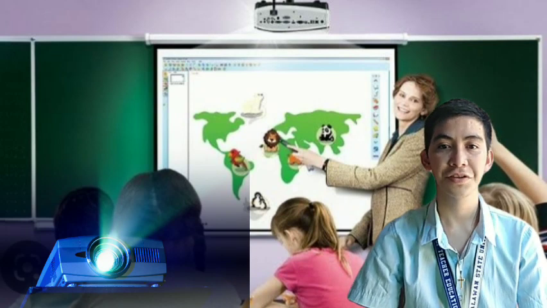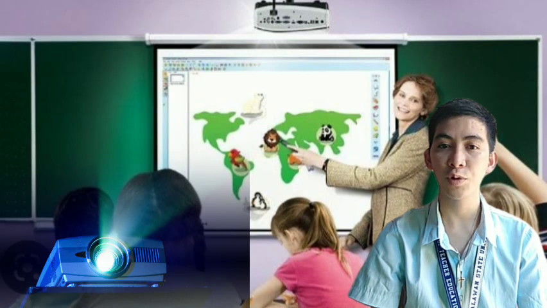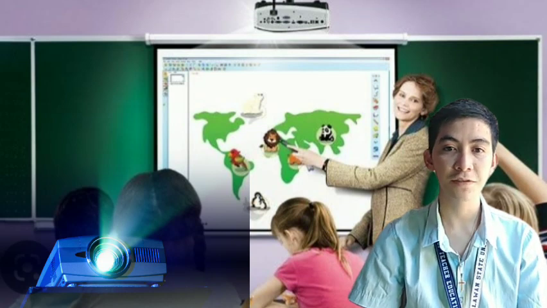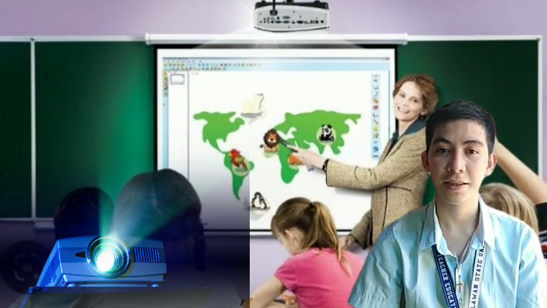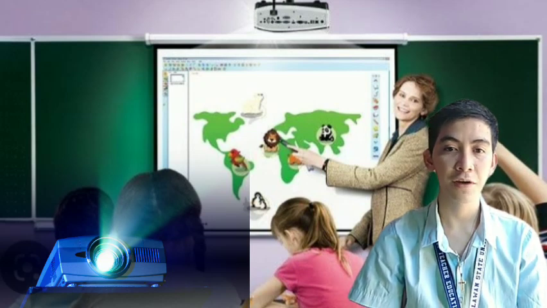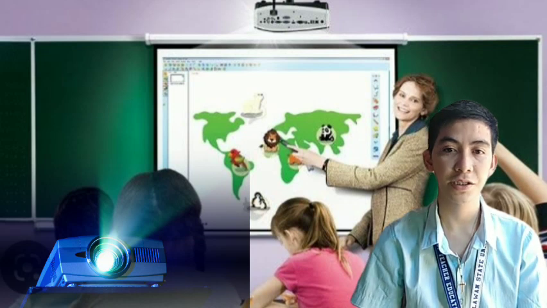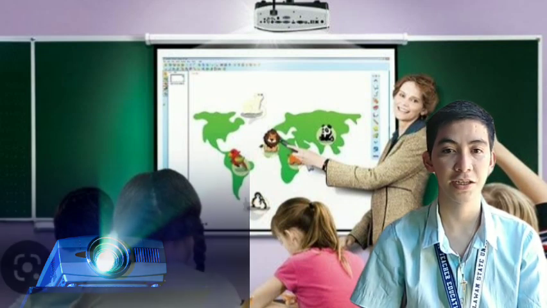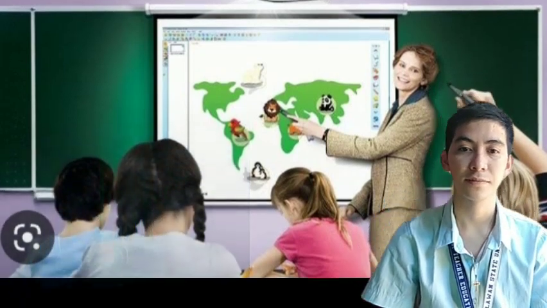Using a projector, teachers don't have to be bound to whiteboards and markers for the presentation of information. Instead, they can incorporate short films, slides, and images to make learning easy and interesting for students.